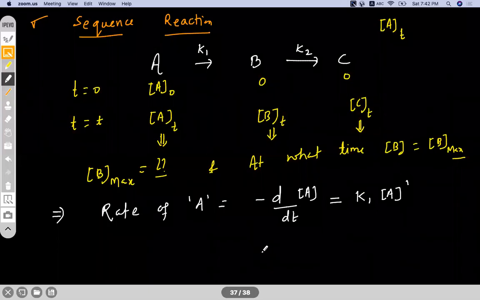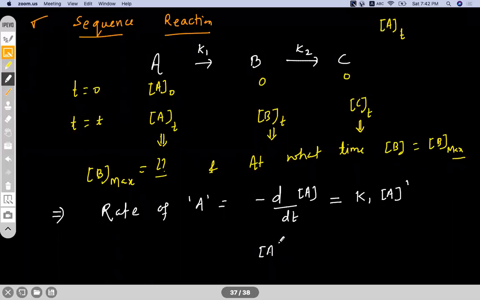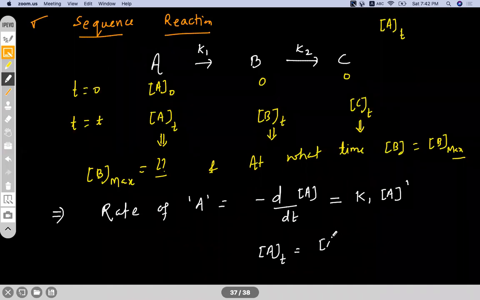From this, we can find the concentration of A at any time t, that is A naught e to the power minus K1 t.